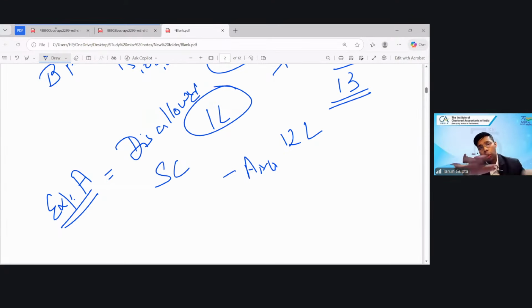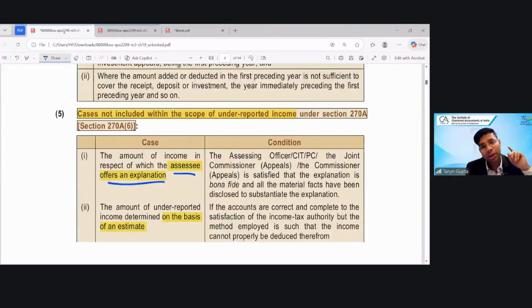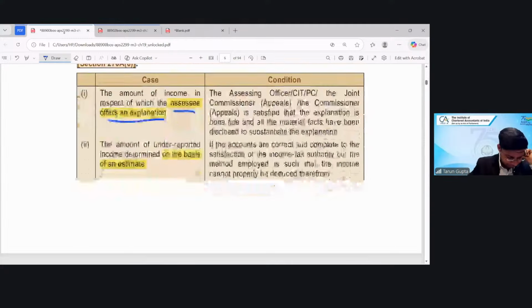At that time, there was no amendment, and expense A was actually allowable. But subsequently, with the effect of the retrospective amendment, it has been disallowed. So in this case, though there is an addition, the assessee has a satisfactory explanation, and therefore the penalty should not be initiated.